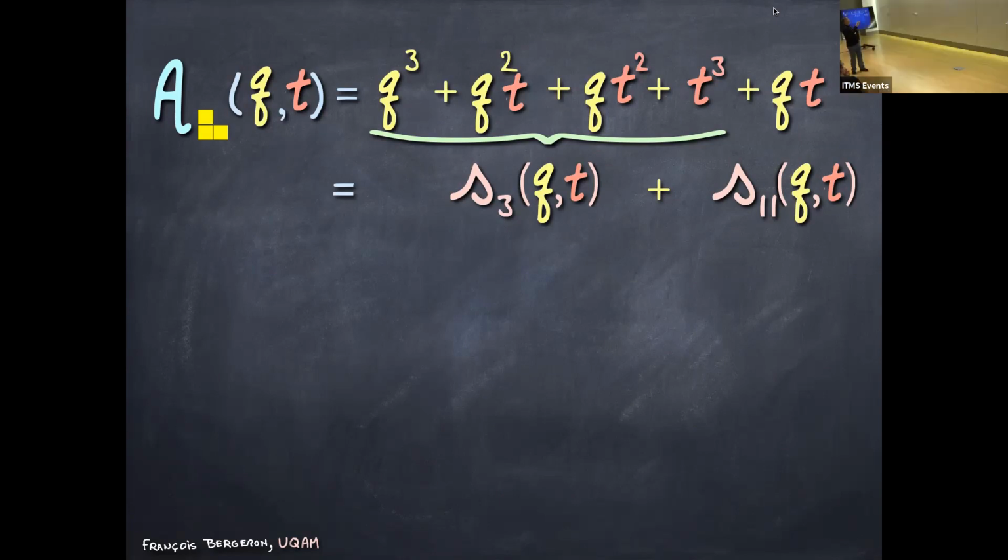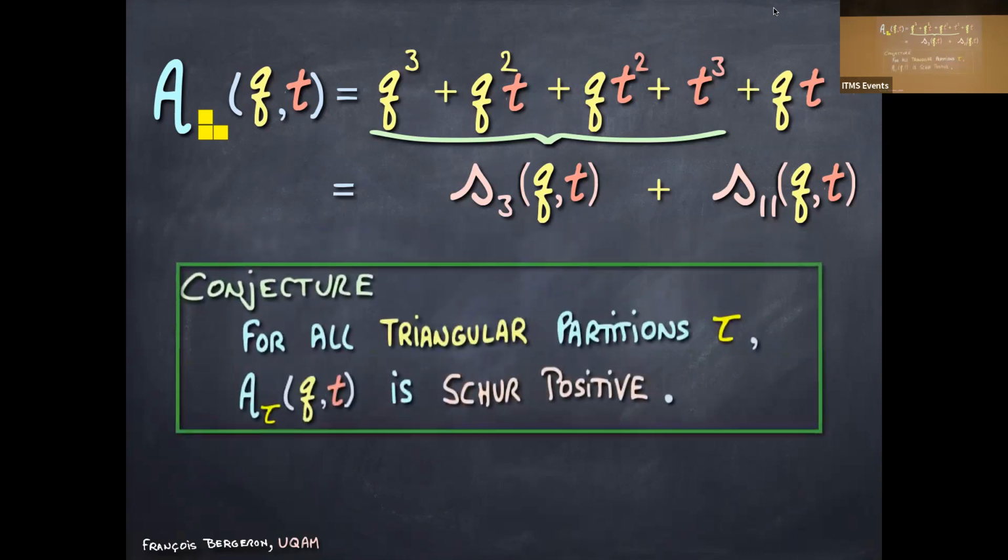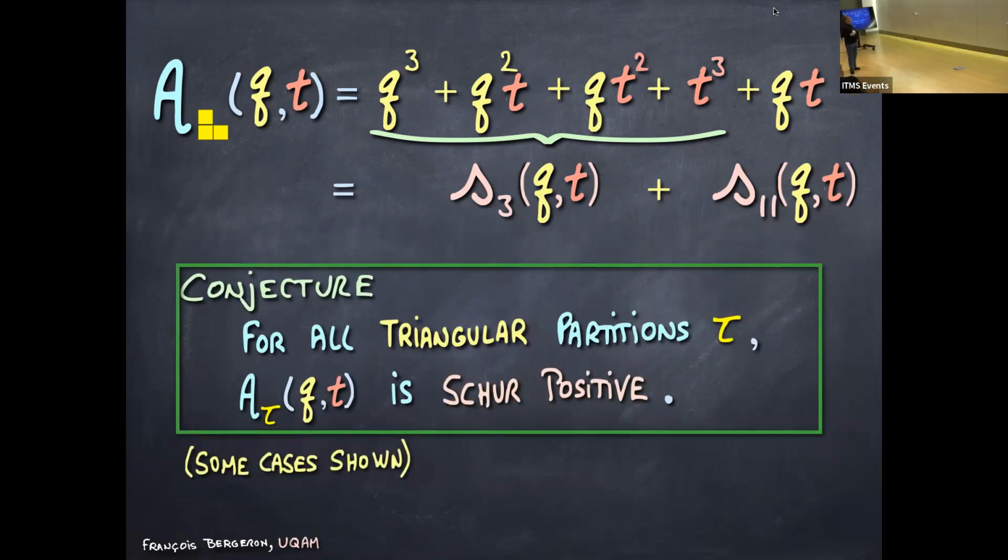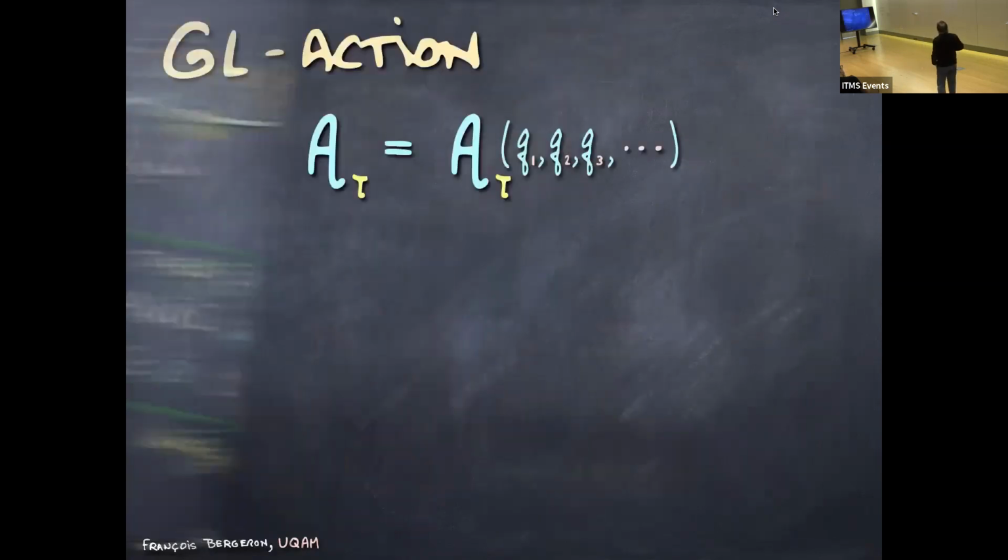So the QT Catalan, the classical Catalan number, is S3 calculated at QT plus S11 calculated at QT. It is conjectured that in general this is always the case. Some cases are known, and there's an even more general conjecture where you replace triangular partitions by concave partitions, but maybe you'll see that a bit later.